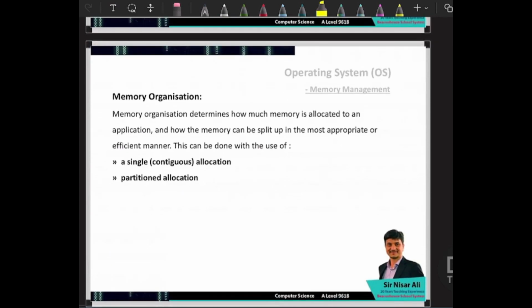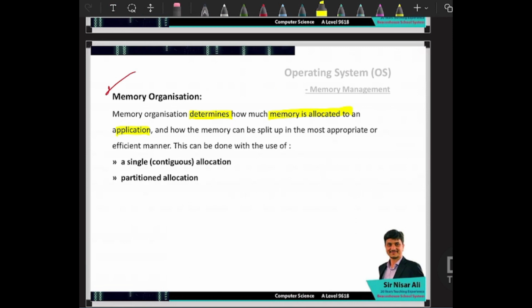Then next is the memory organization. In memory organization, the job is the determination of how much memory is allocated to an application. When an application is loaded into the memory, तो उस application को कितनी space provide की जाएगी?